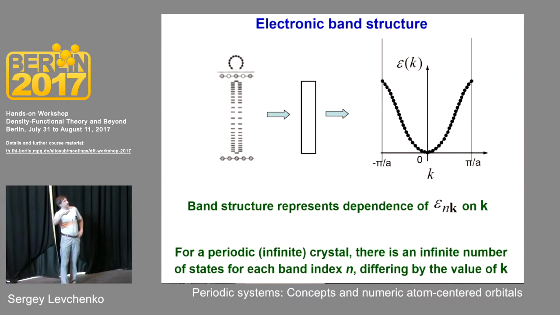So in each k point, and there is an infinite number of k points, we have a different electronic state, which can be occupied or empty, and they form such a band. This dependence of energy on the k point is called dispersion. So again, for a periodic infinite crystal, there is an infinite number of states for each band index, differing by the k point.